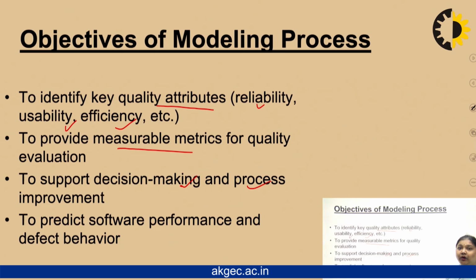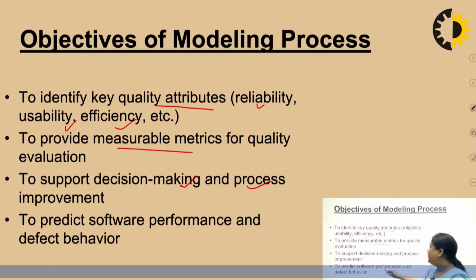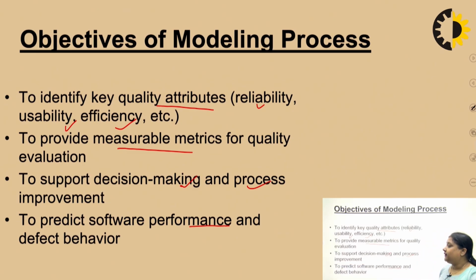By having a modeling process, it is easier to make decisions and improve the process. Another important objective is to predict the software performance and the defect behavior. So these are all the objectives of the modeling process.